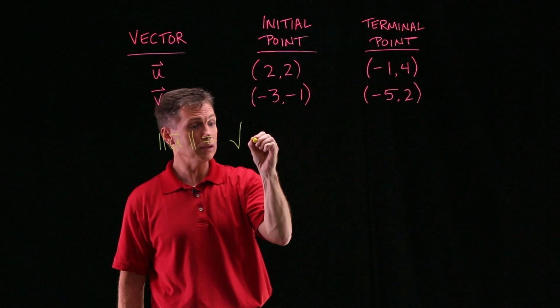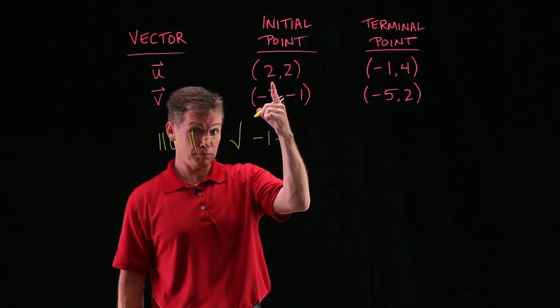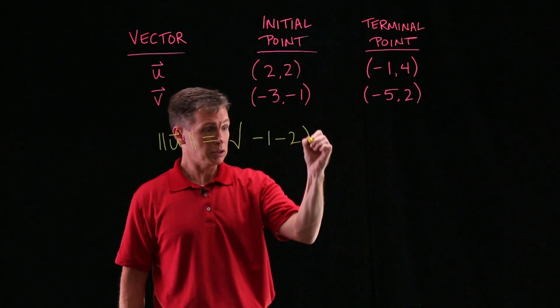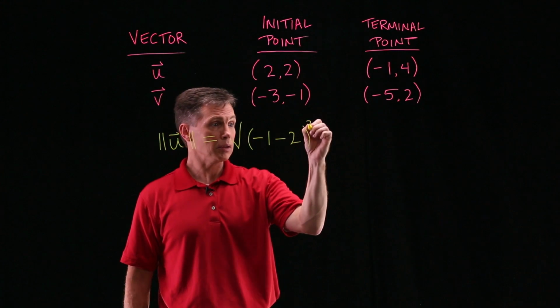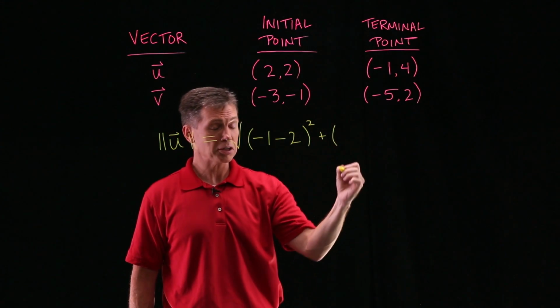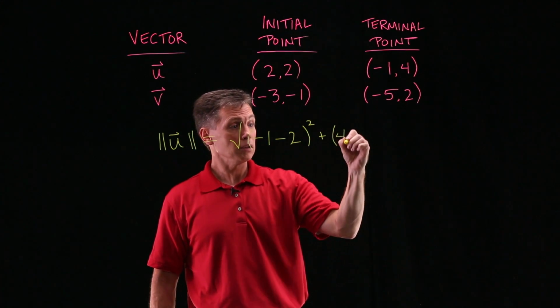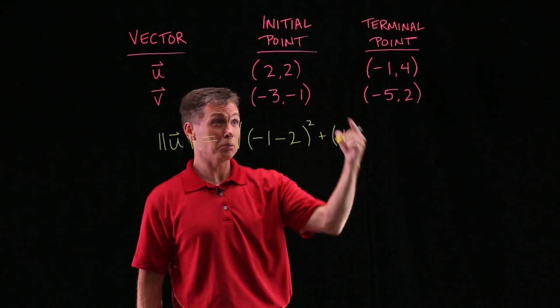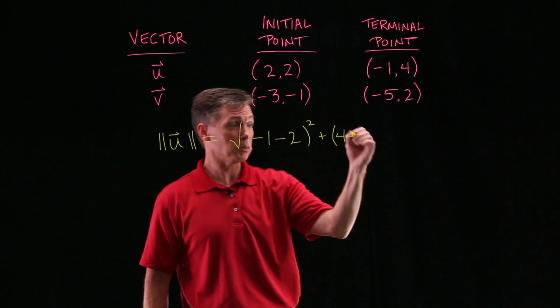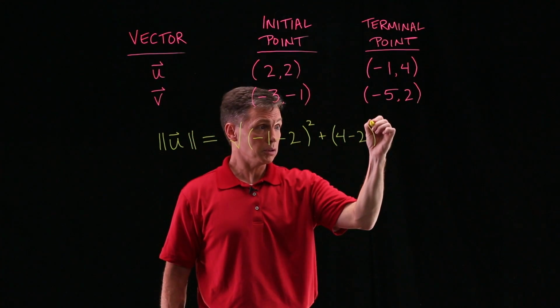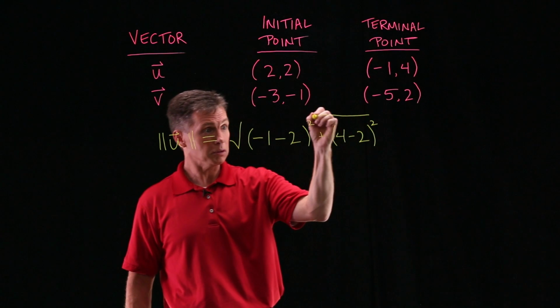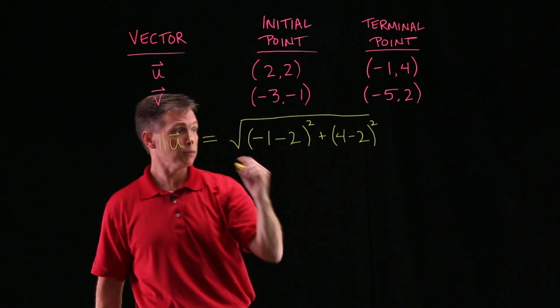So minus 1, subtract the 2. But then you square that and add the subtraction of the corresponding y-coordinates. So 4, subtract those corresponding y-coordinates, 4 minus 2, and then squared.